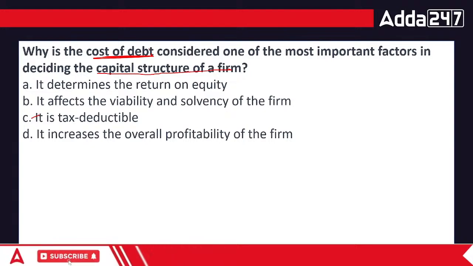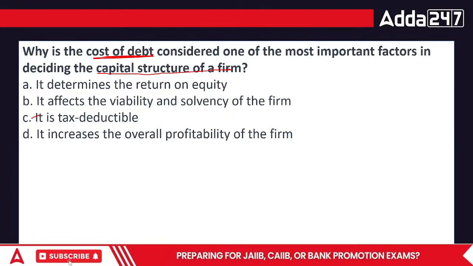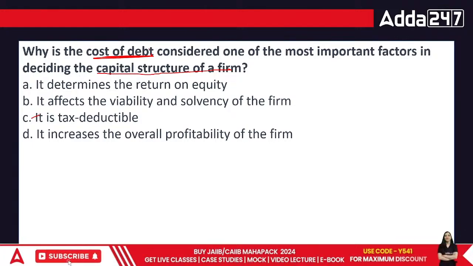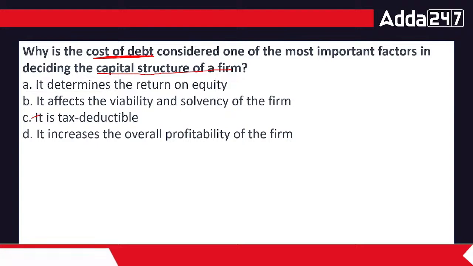Why is the cost of debt considered one of the most important? Cost of debt is very, very important, everyone. The loans that we take should not exceed what we cannot pay.